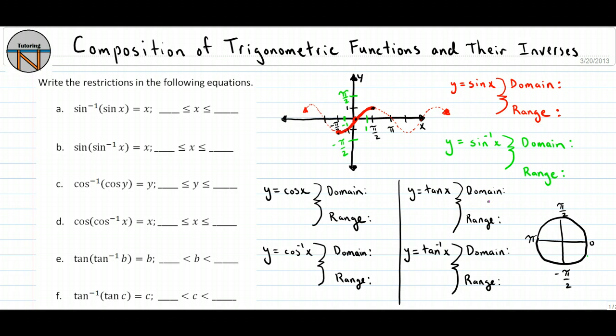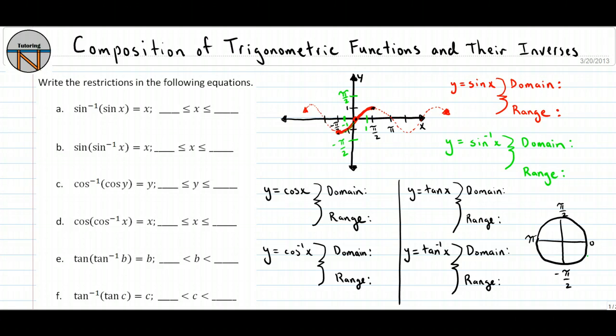So let's see, if we start off with sine, you know that the sine curve continues to oscillate back and forth indefinitely, and its domain is all real numbers. However, if you take notice how I've done this in the graph, I've really highlighted the graph of sine of x from negative pi over 2 to pi over 2.